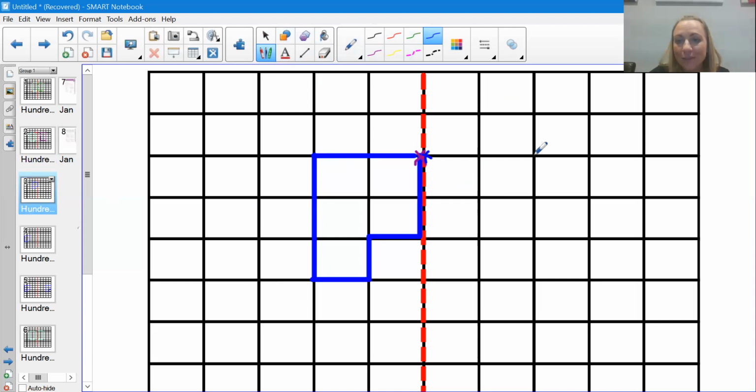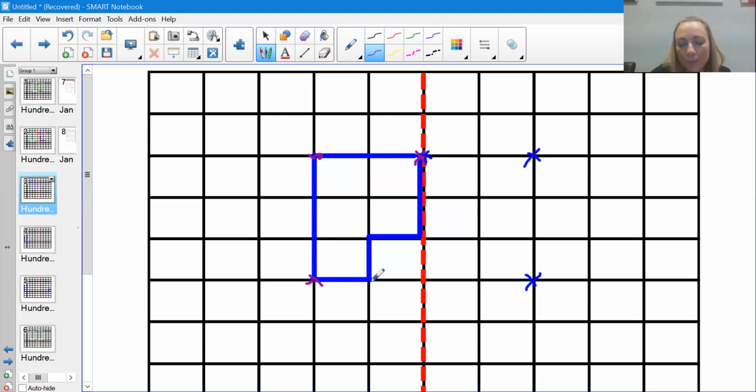So I'm going to draw my next point here. Now, my next point is all the way down here, and that again is 2 away from the mirror line. 1, 2. I'm just going to get a different coloured pen so you can see that I've done this point, I've done this point.